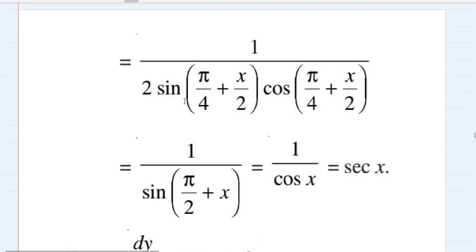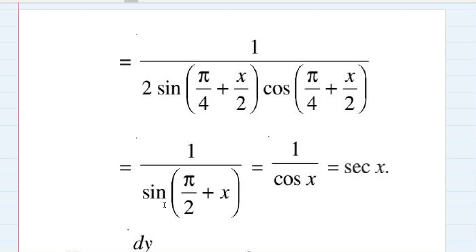They have used the formula 2 sine theta cos theta. One second, let me recollect this formula. Yes, this is 2 sine theta cos theta, which is sine 2 theta.